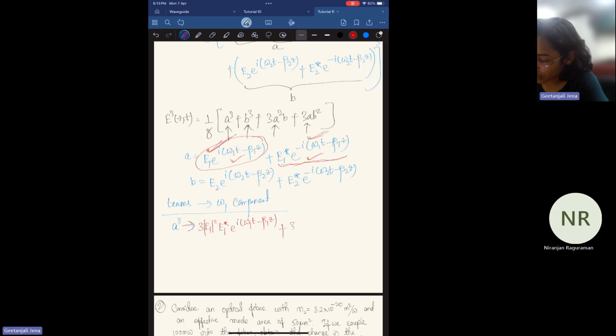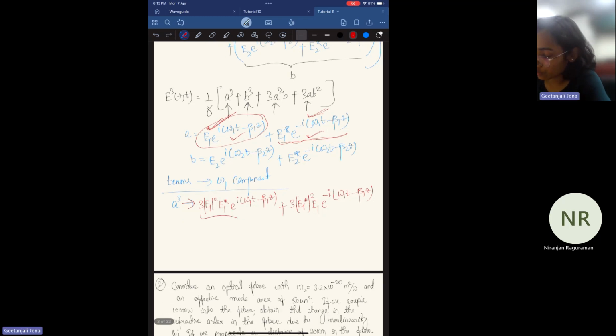So we'll have 3 E1² E1* e^(−i(ω1t − β1z)). So in A cubed, we have two terms which have ω1.